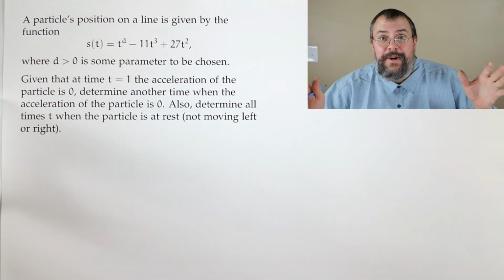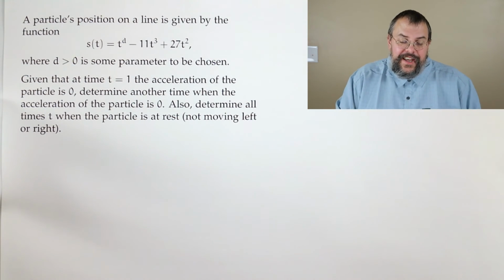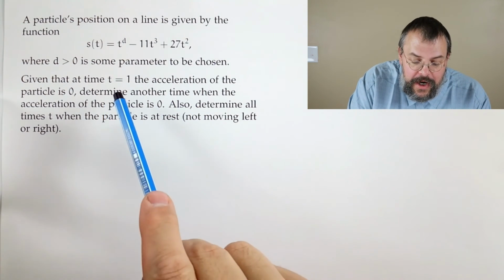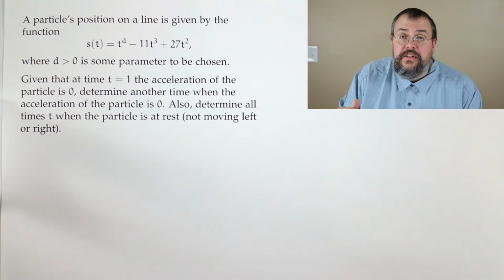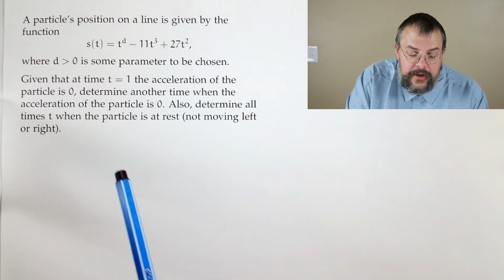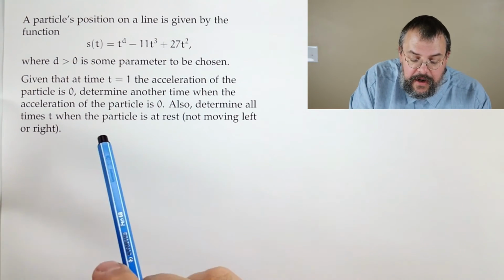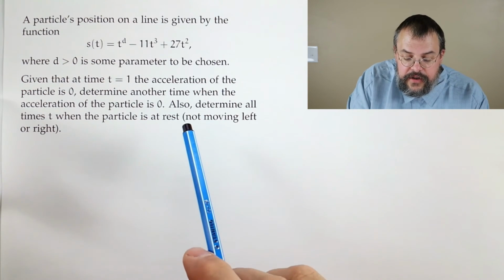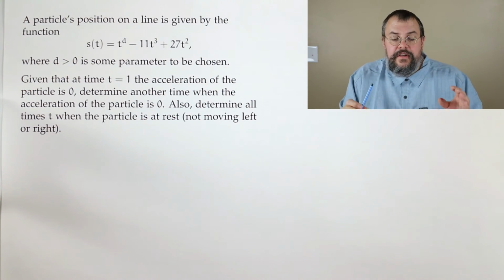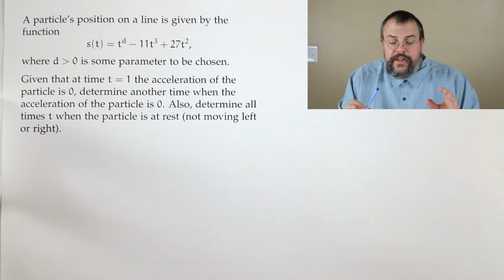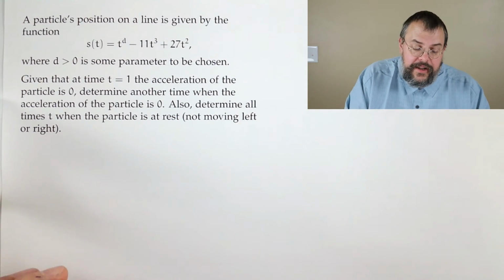We don't know what it is yet, but we're going to figure it out. Now at time 1, the acceleration of the particle is 0. That's just a fact we're given. Determine another time when the acceleration of the particle is 0, and also determine all times t when the particle is at rest.